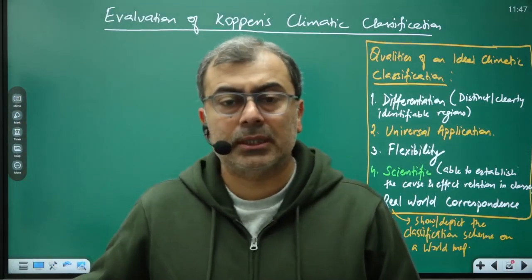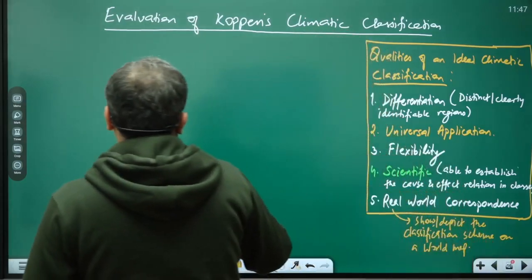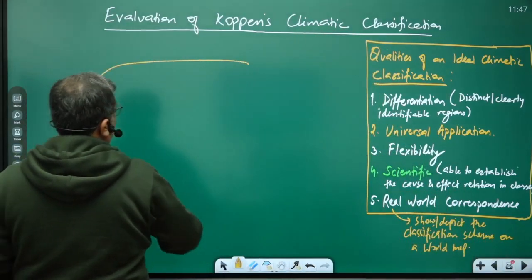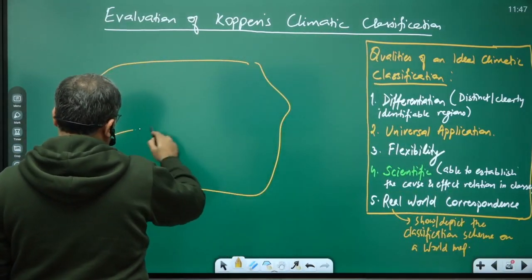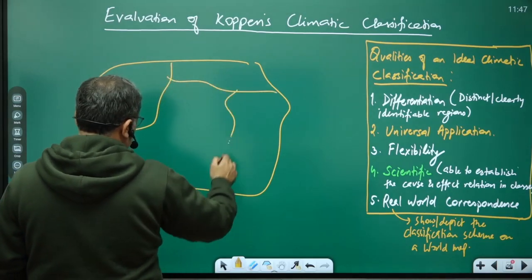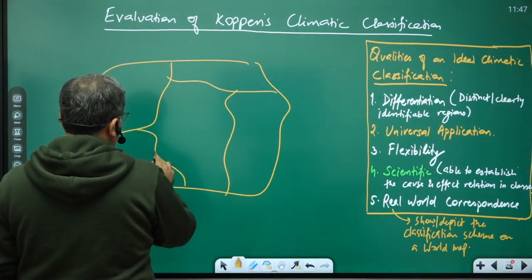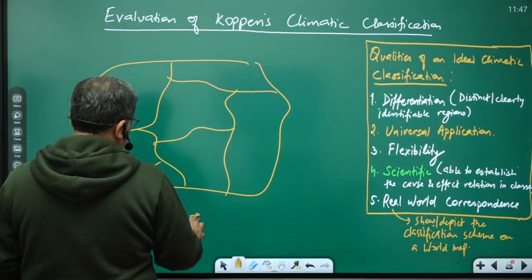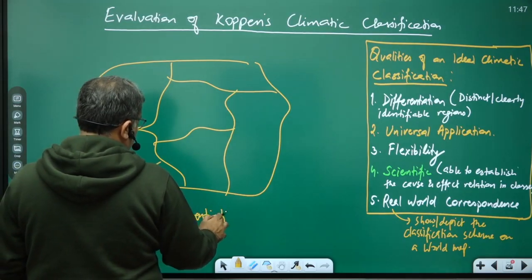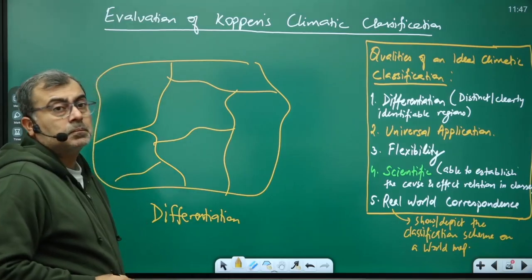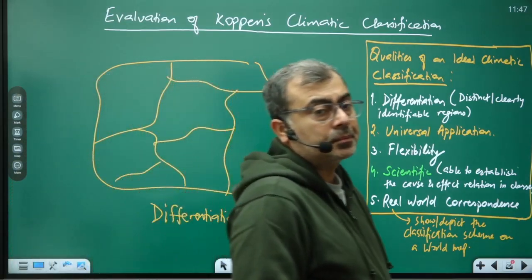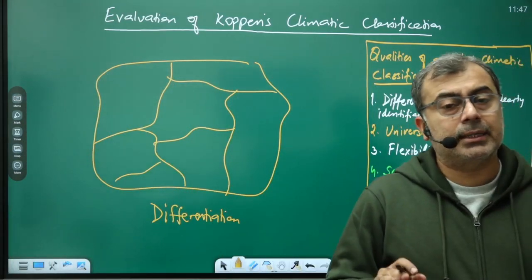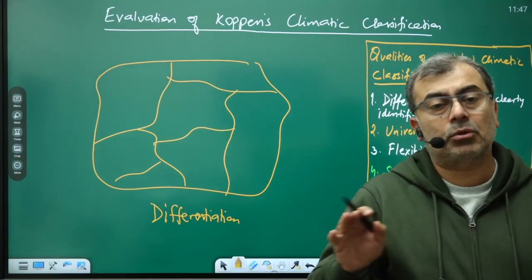So what has this done to the world? If this is the world, it has been able to, what is this called as? Get that? Clearly demarcated climatic regions. He has done this.